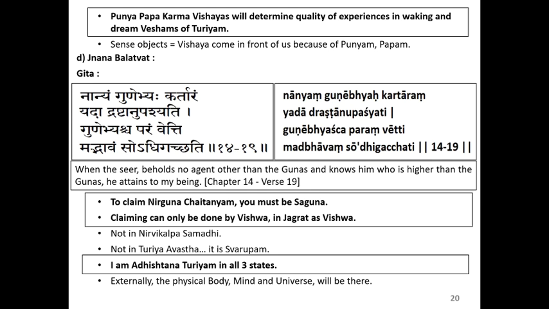But there is a seer, an experiencer consciousness, which is a sentient being. That sentient being is my Swarupa. What Lord Krishna says is, the one who knows the sentient being attains my being.